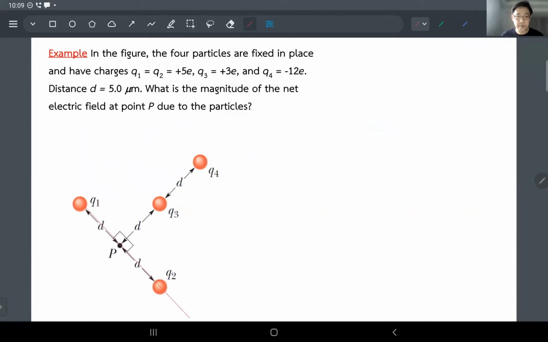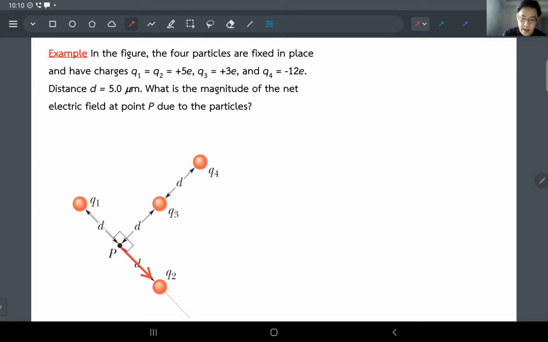See that? So the electric field is supposed to go out everywhere, but the only direction that we care about is just the one that is actually going through P. So at P, you will have an electric field due to Q1, and it's going to point away from it because Q1 is positive. You guys with me?